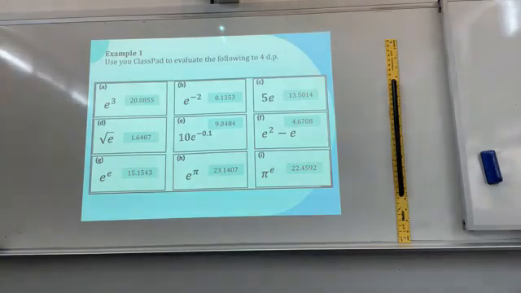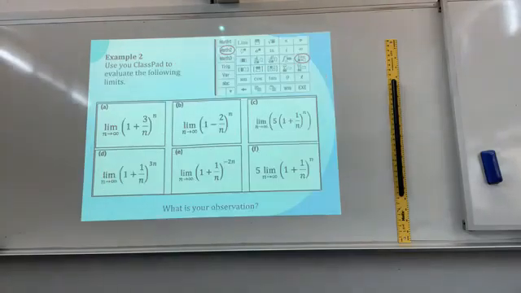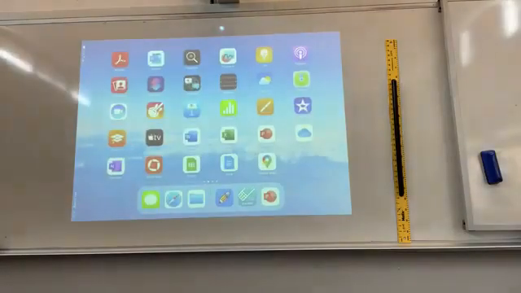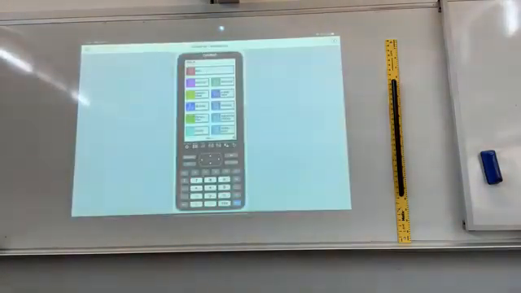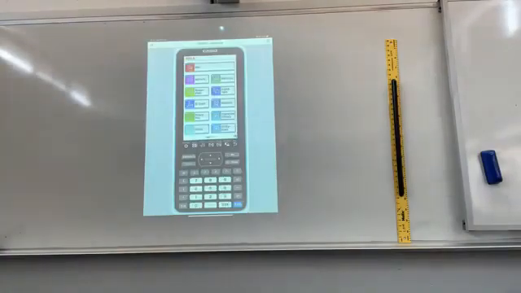Now, example 2 will be slightly trickier. All right? Let's go to example 2, please. You need to be able to use that limit function. So let me call out my ClassPad emulator, and we'll work on it together for the first one.